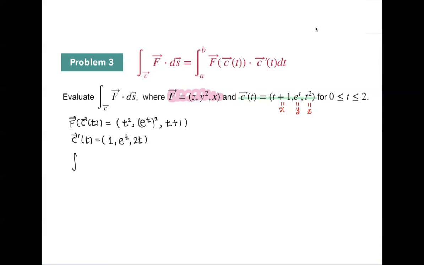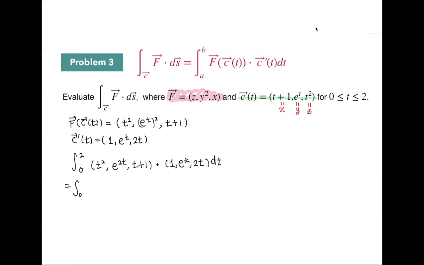So let's calculate it. The interval is 0 to 2, and f of c of t is given by (t squared, e to the 2t, t plus 1), right? And we want to calculate the dot product with c prime of t, dt.